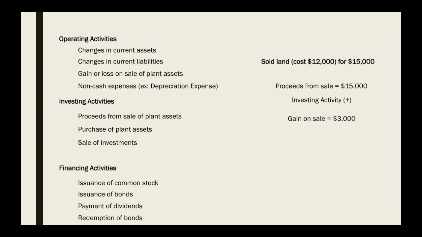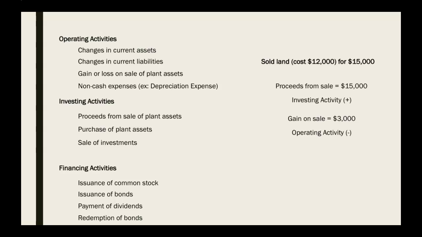Well, a gain or loss on sale of plant assets, we see that over there under operating activities. So it goes under operating activities. But then we also see a negative. So what's happening there? Well, remember that your operating activities are adjustments to your net income. So your gain on the sale of equipment would have increased your net income, right? Because it's added on an income statement.